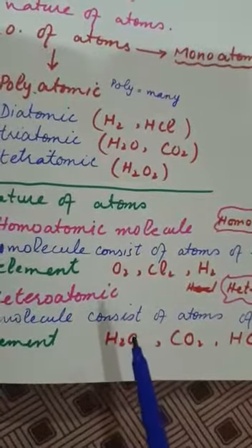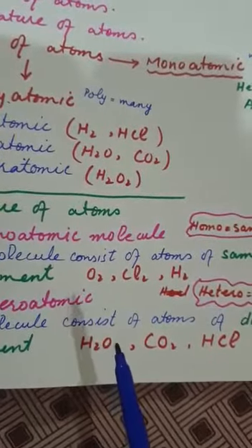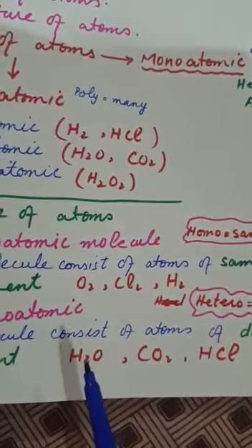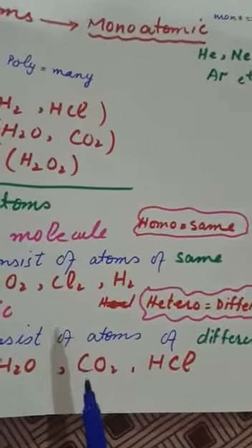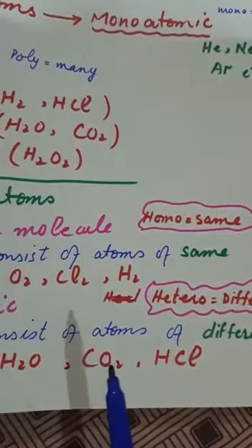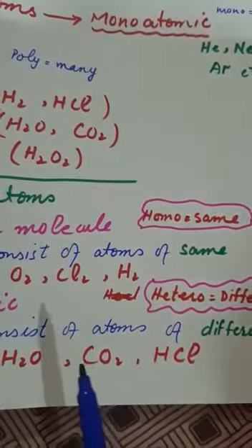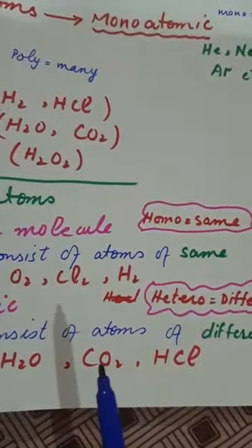In the water molecule you will notice that hydrogen element and oxygen element are present. They are totally different from one another. Similarly, in the second example you will see that carbon and oxygen elements are present. They are totally different from one another. So you can notice that different elements are present.